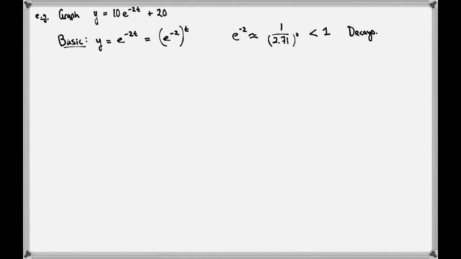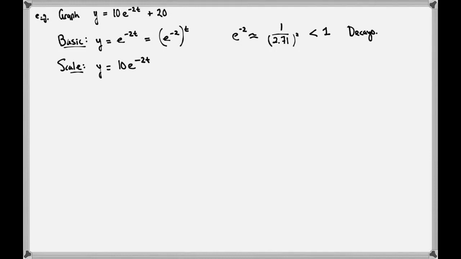Now, to continue analyzing our expression, it's important to follow the correct order of operations. I now know what e to the minus 2t will look like. It's some decaying exponential function, and then I'm scaling everything by a factor of 10. That's the next operation that I do.